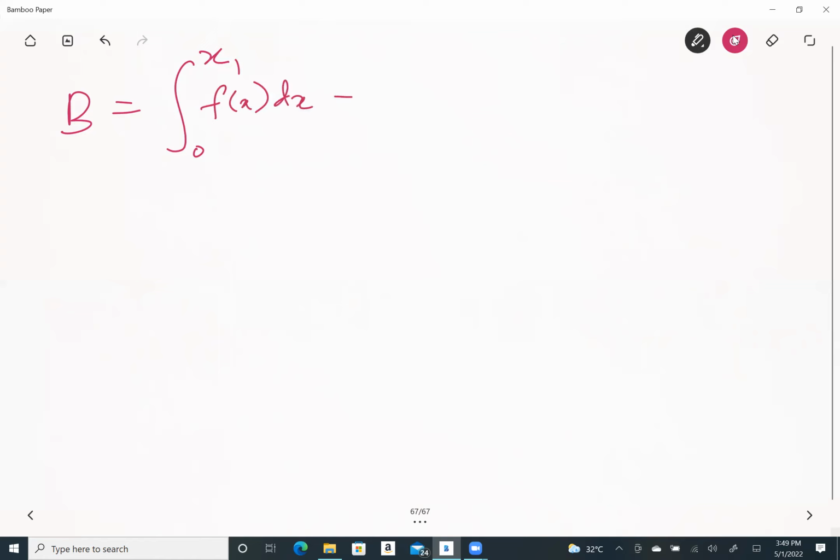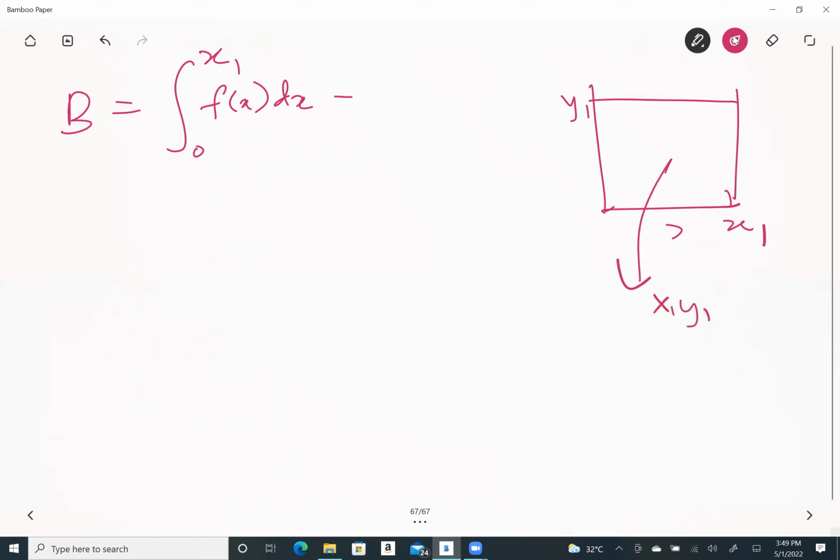You have to take care of the rectangle, the rectangle with y1 at the bottom here. So the rectangle y1 times x1 is the area of the rectangle. It's simply x1 y1. That is the area of the rectangle.